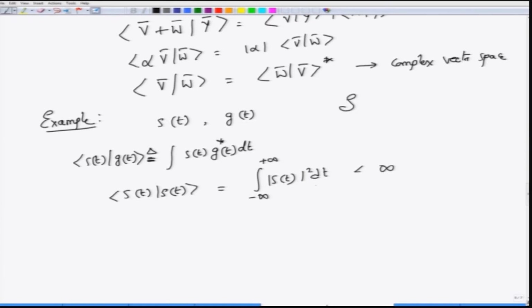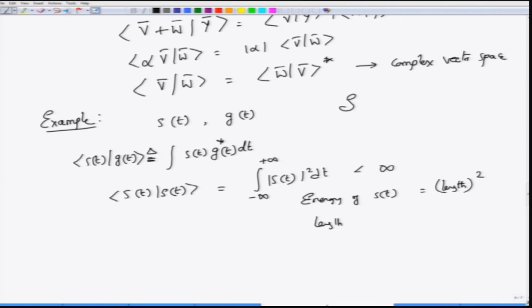because we know that this integral of S of t magnitude squared dt will actually give me the energy of the signal S of t, right, and this is also the length squared, the length of S of t squared in some sense.